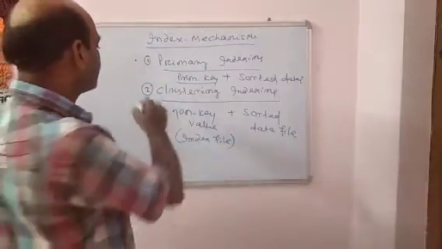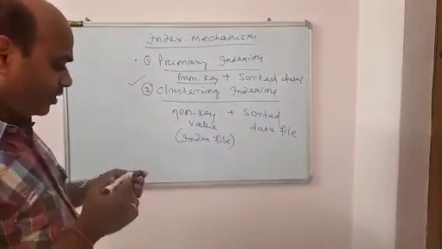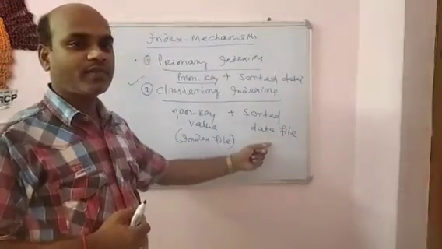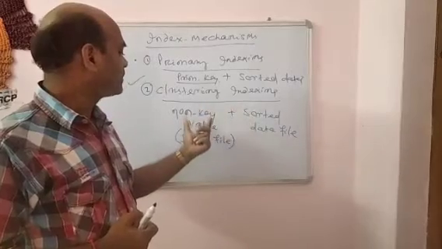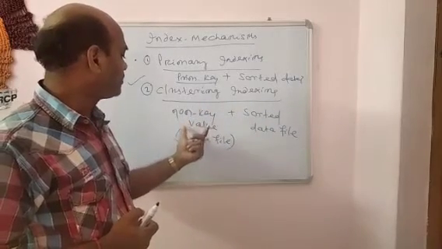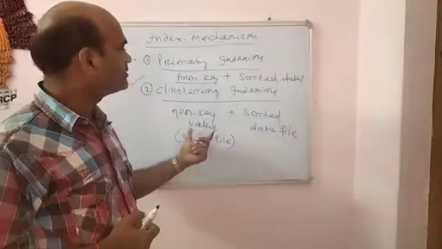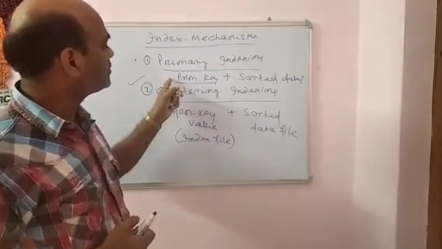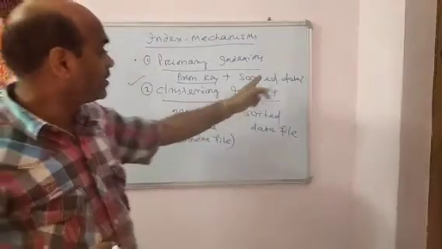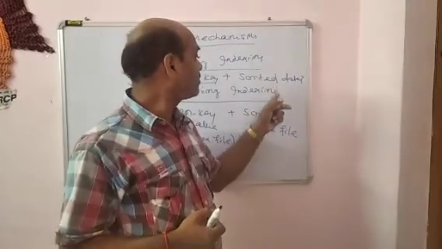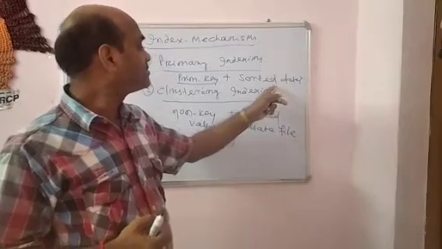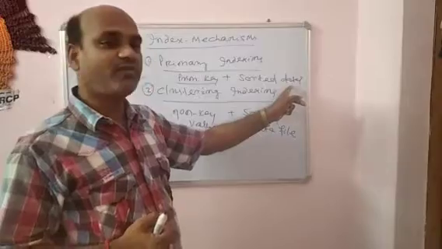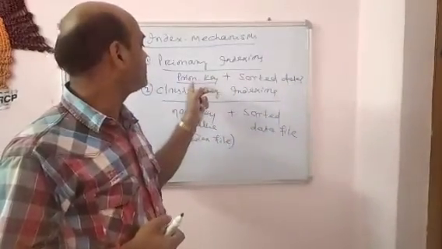So in cluster indexing, for each and every record of the data file, there is no index entry, which means it is not dense indexing. In the case of primary indexing, it was dense indexing, because every record in the data file has an index entry in the index file. That means the number of records in the data file was equal to the number of records in the index file.